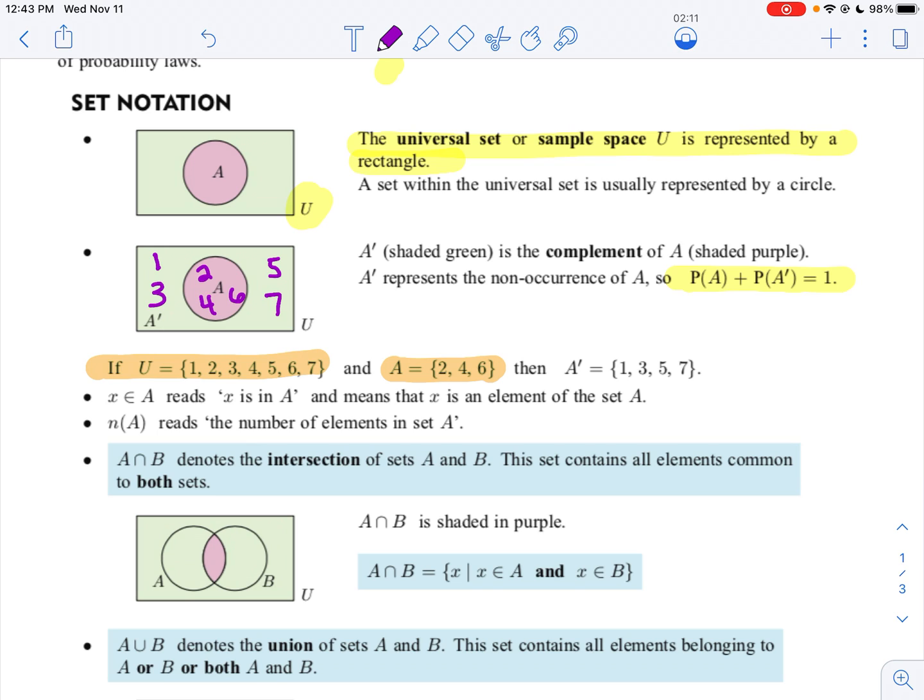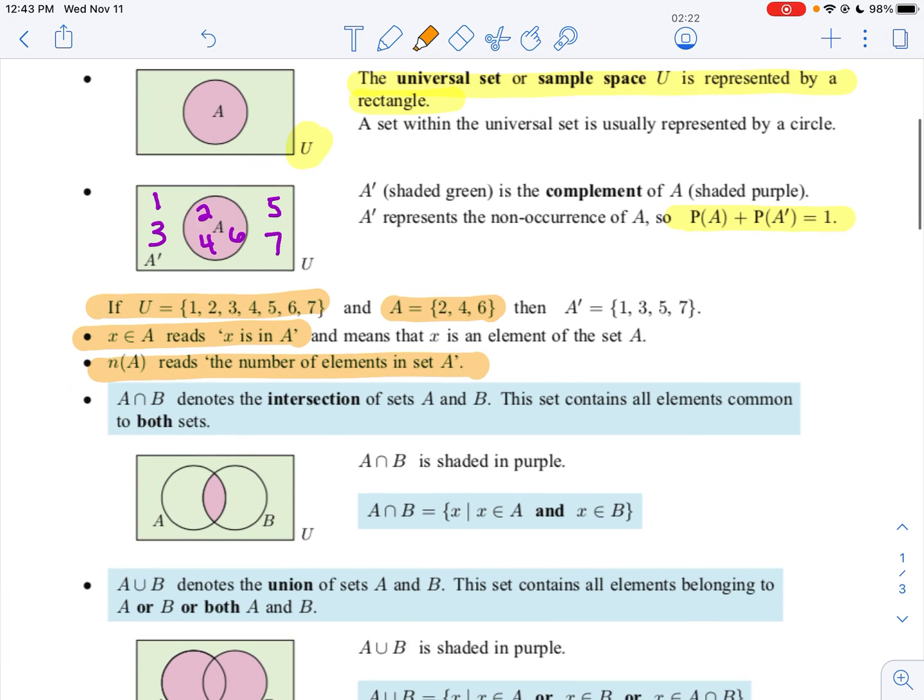X is in A, or sometimes it's read X is an element of the set A. N of A reads the number of elements in set A, so that is not new to us. A intersect B. Hopefully you saw this back in geometry. If not, we'll go at it as if you haven't. This symbol looks like an upside down U. A intersect B denotes the intersection.